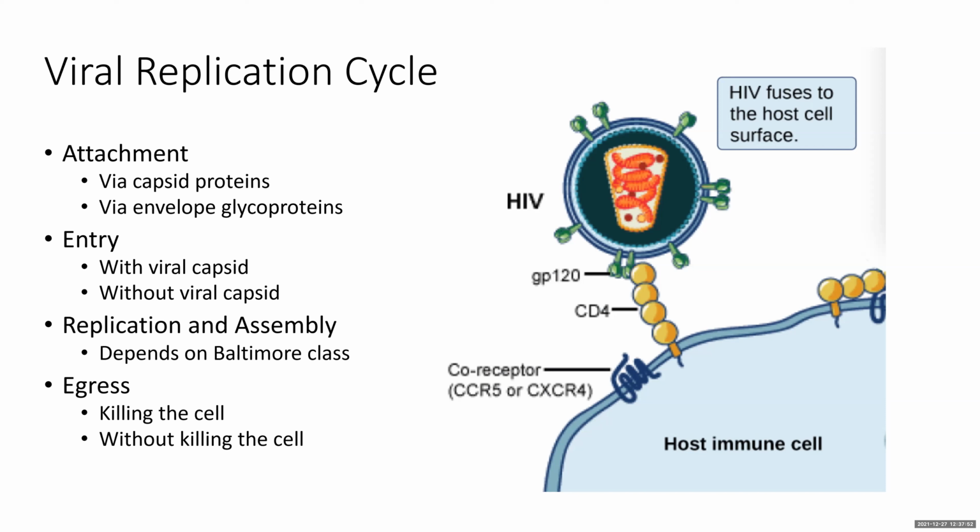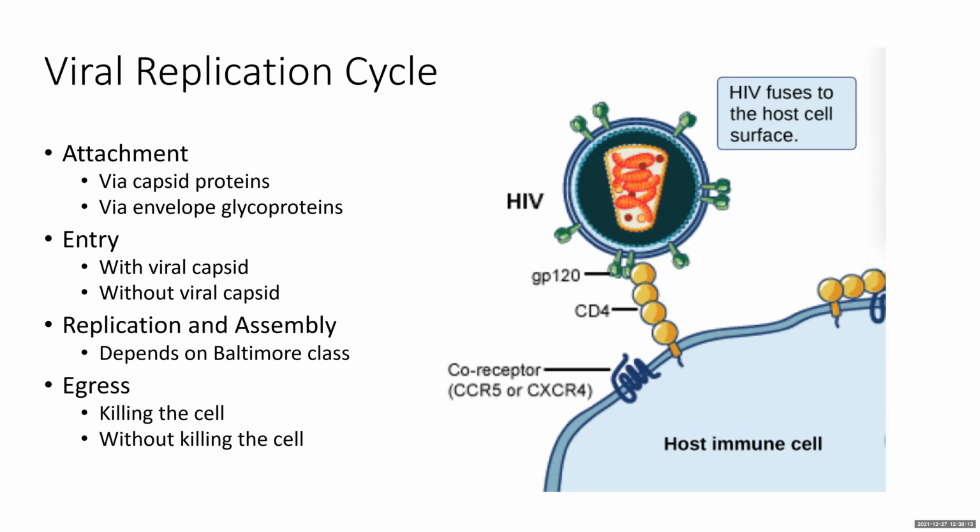So they either leave the capsid on the outside or they bring the whole capsid inside. Then the capsid disintegrates and the viral genome and whatever proteins might be inside of it get released into the contents of the cell.